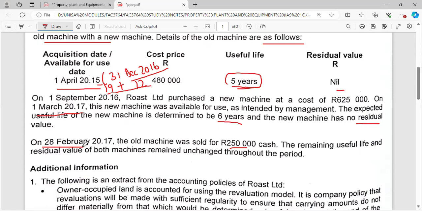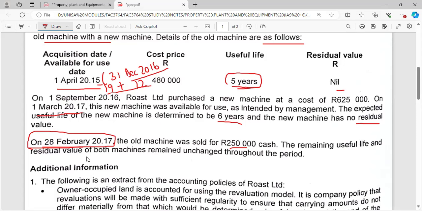Remember, we say we can de-recognize them on disposal or at the end of the useful life. So this is where the de-recognition took place. So we need to calculate the depreciation before the de-recognition. Remember also we say we only stop depreciating an asset when it is de-recognized or when it is transferred to assets held for sale. So we are going to stop calculating the depreciation from 1 March going forward.